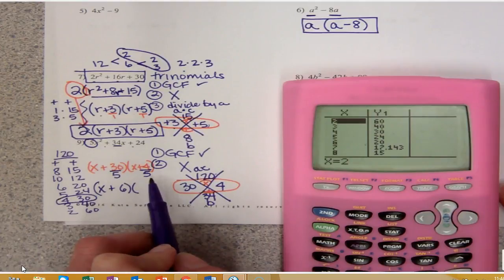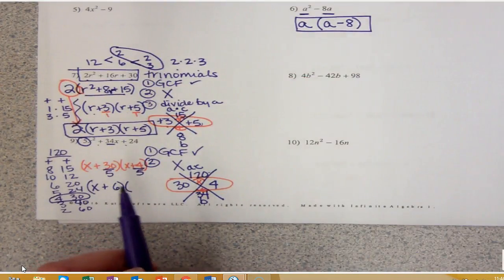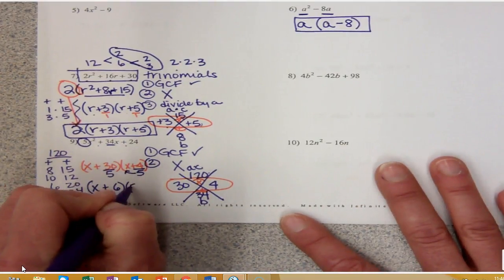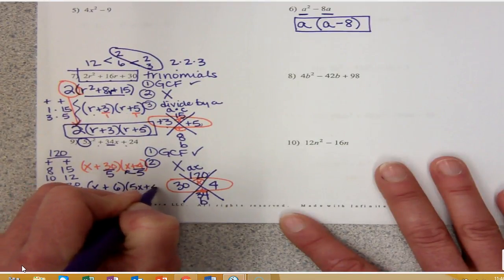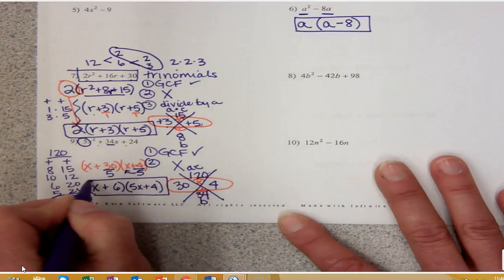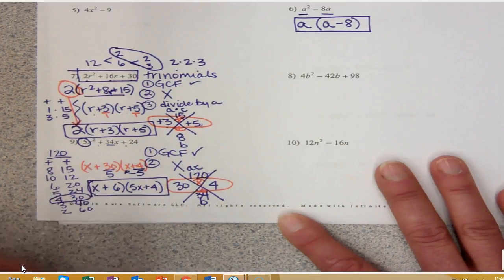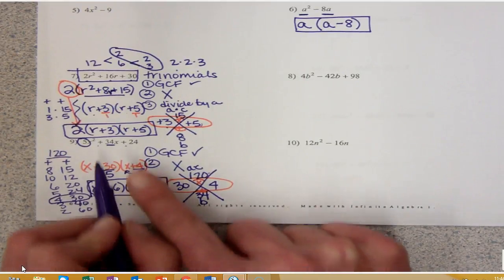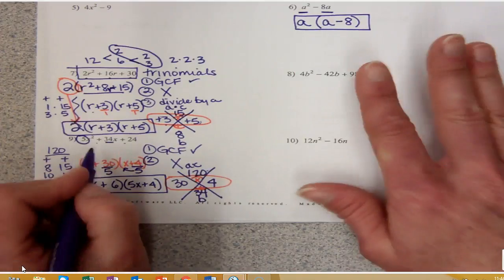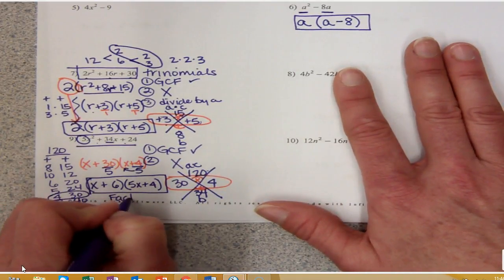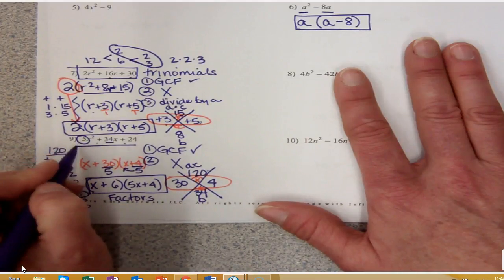When I divide 4 by 5, I'm not left with an even number. I'm left with a decimal. So I'm going to move my 5 in front of my x. 5x plus 4. This becomes my answer. So these are the two math terms that when I multiply, I would get this answer. These are my factors of this trinomial.